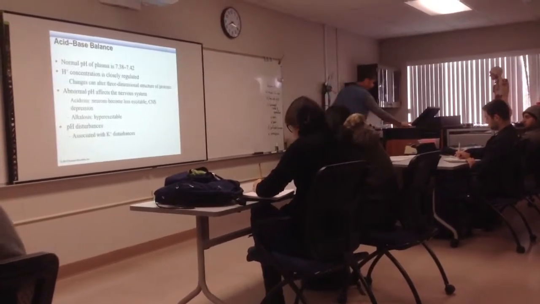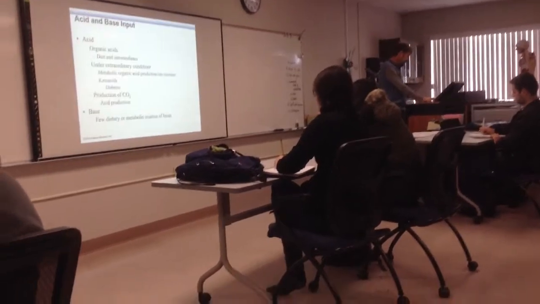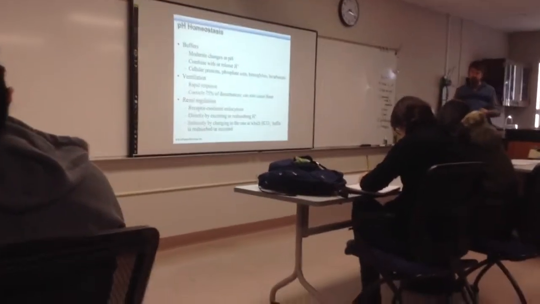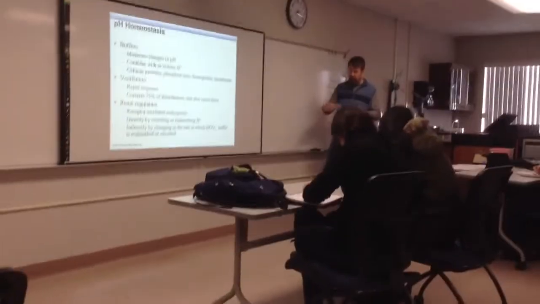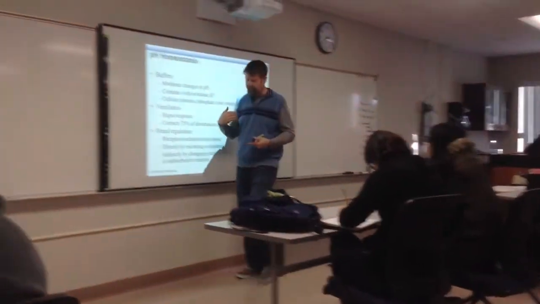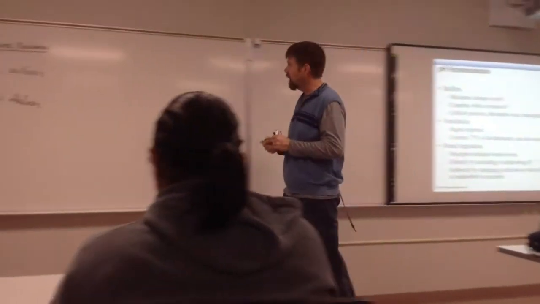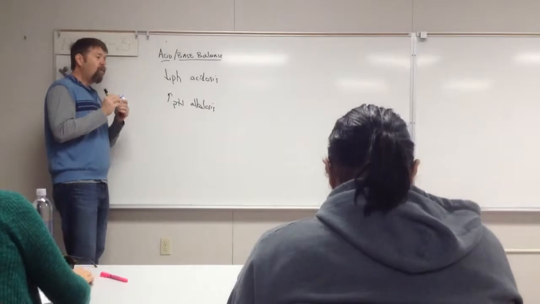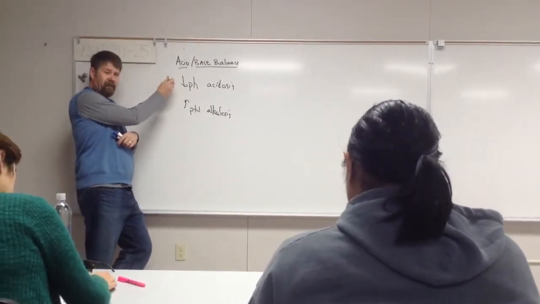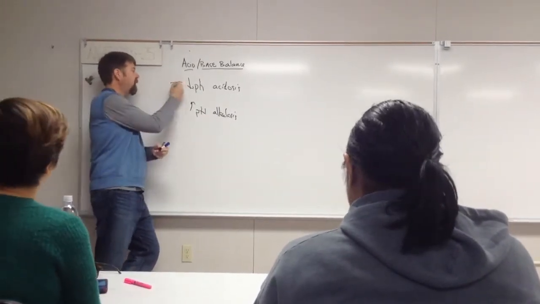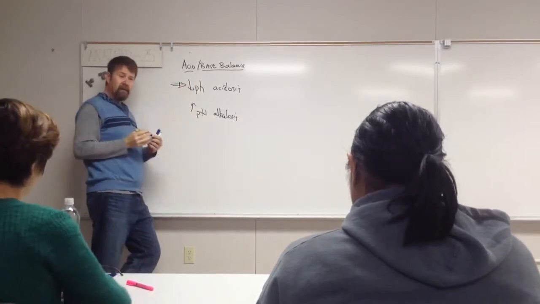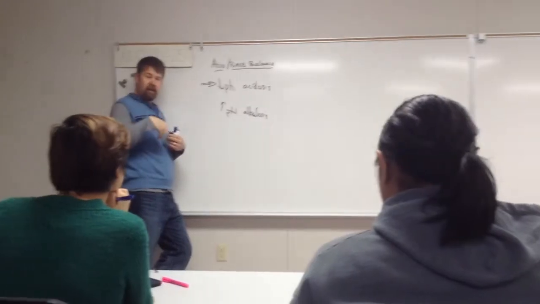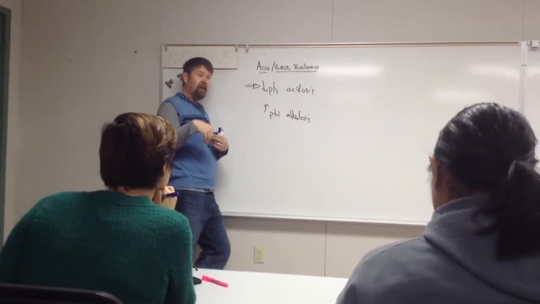So because of that, we need to have some ways to monitor pH and keep it within these normal ranges. We're more likely to encounter acidosis than we are alkalosis. Most of the food and fluids that you ingest are acidic.